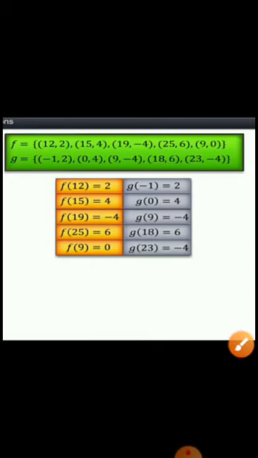Now see about your g function. See, g of -1 is given to be 2, g of 0 is 4, g of 9 is -4, g of 18 is 6, g of 23 is -4. Can you tell, is it 1-1? No. Why?